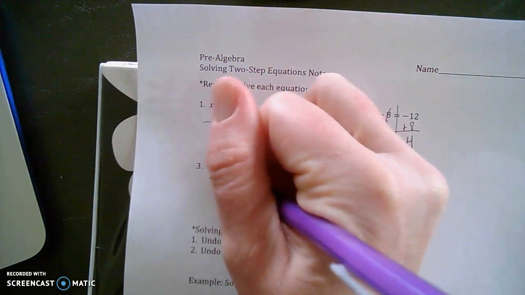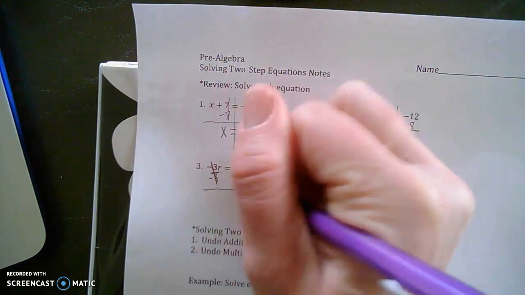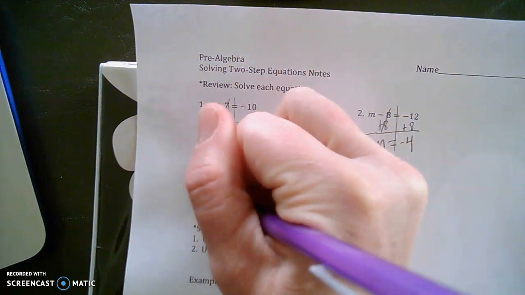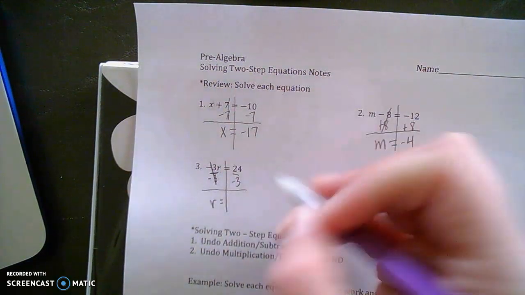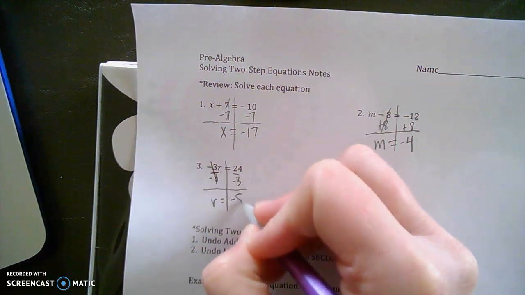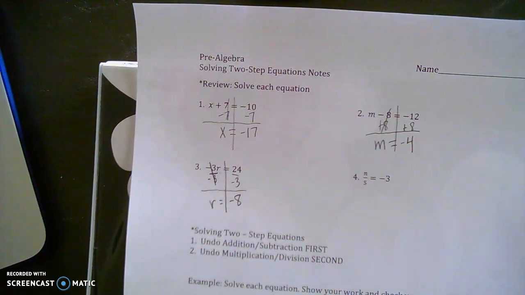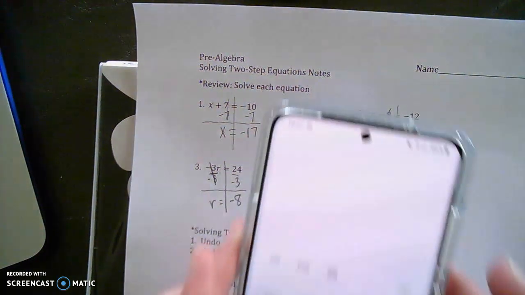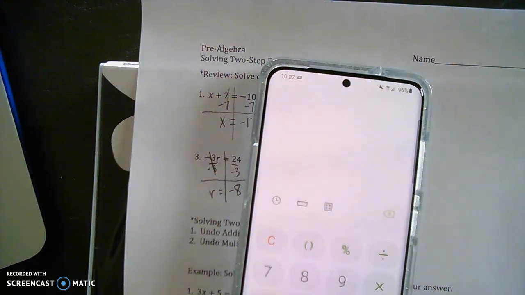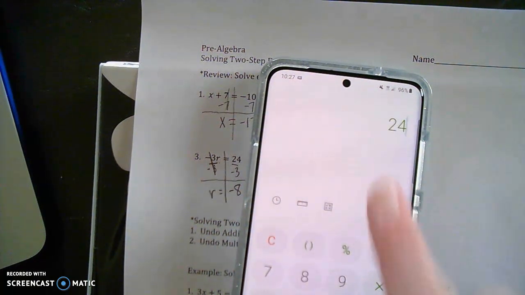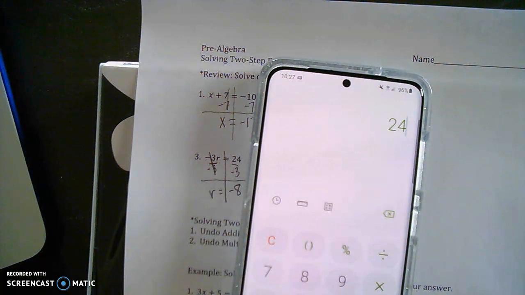So r equals 24 divided by -3, which is -8. Just be really careful with all your positives and negatives. And again, if you want to check, we're going to do -3 times -8, that's what we got for our answer. Make sure it equals +24, and it does.